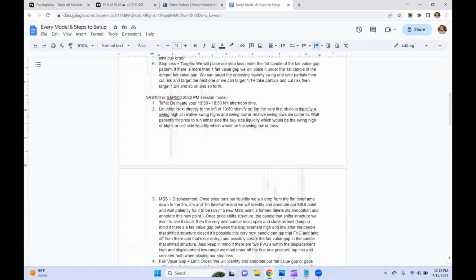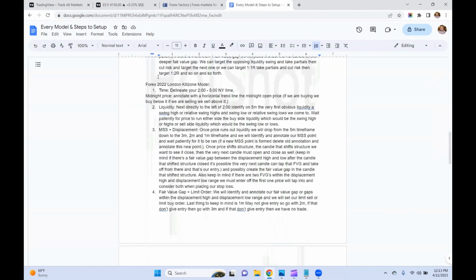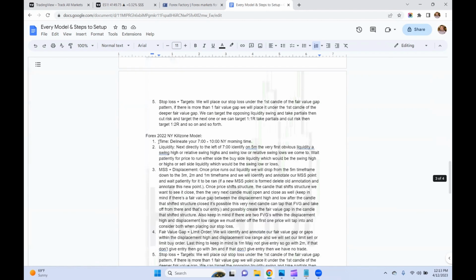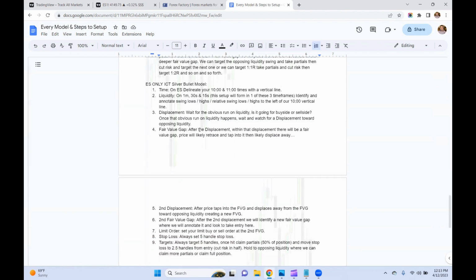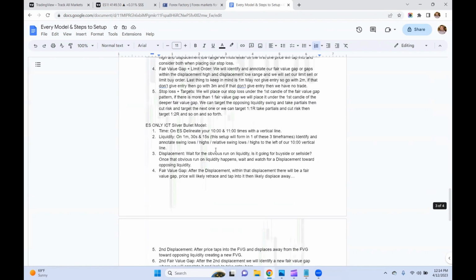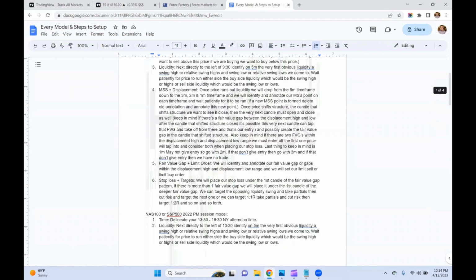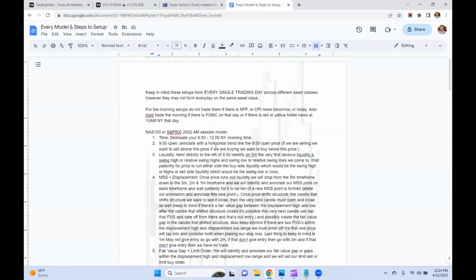There is also the NAS 100, S&P 500 PM session model. There's also the Forex 2022 London Killzone model. And then there's also the Forex 2022 New York Killzone model. And then lastly, the ES only ICT Silver Bullet model. So I got all 5 of these models here that I'm going to be going over in this video.